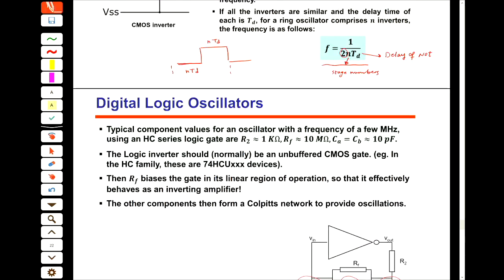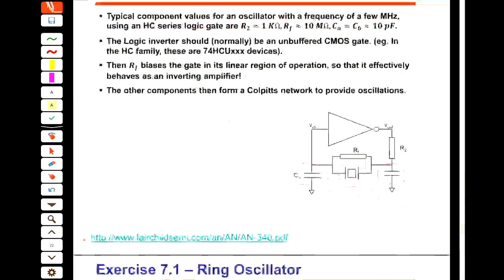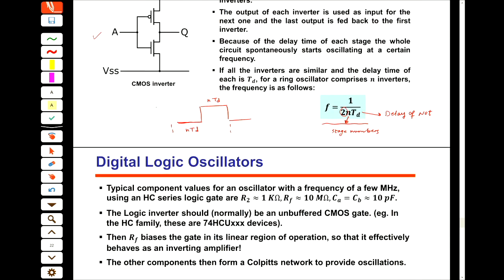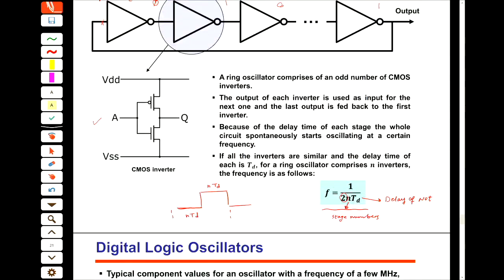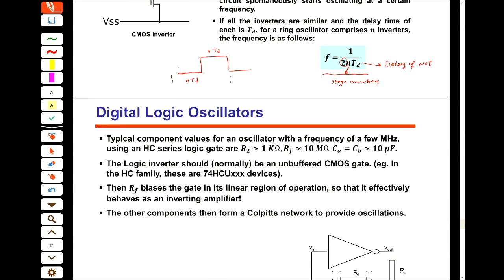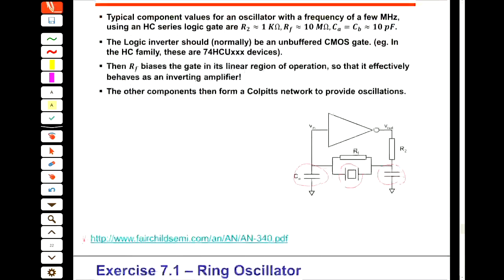So because of that, we usually use a crystal oscillator. This is what you've seen in the lab, that we use a crystal oscillator and then use this NOT as a buffer or amplifier. So this is a simple amplifier. We mainly use this as a digital gate, but we can use it as an amplifier because it's a CMOS gate.